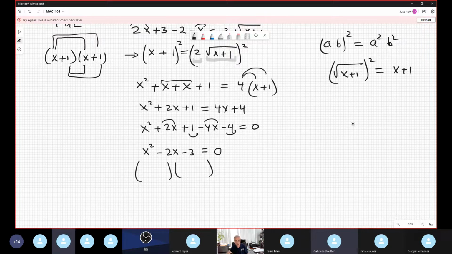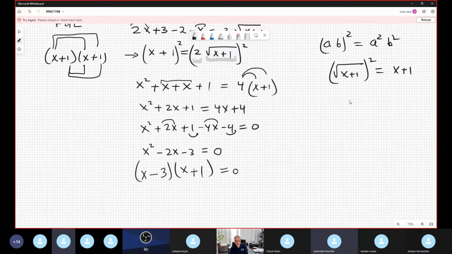But in this case, it's obvious that the combination, for these two binomials, is 3 and 1. It's 3 and 1 because 3 times 1 is 3, and 3 minus 1 is 2. And you adjust the sign. The sign is obviously minus and plus. Do you have any question about the factorization?